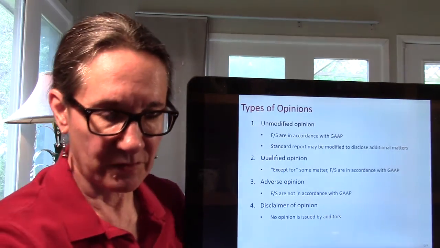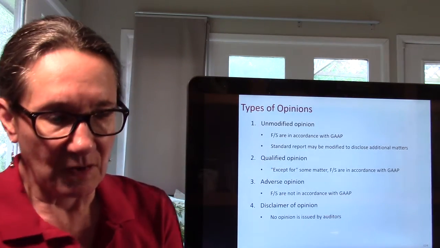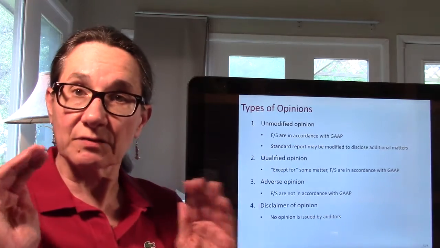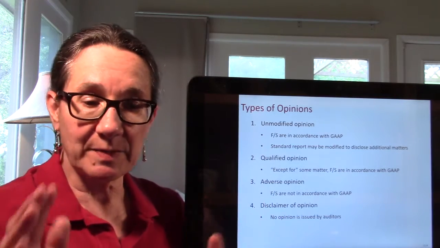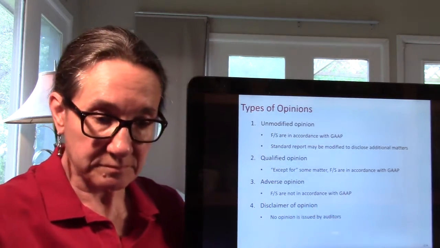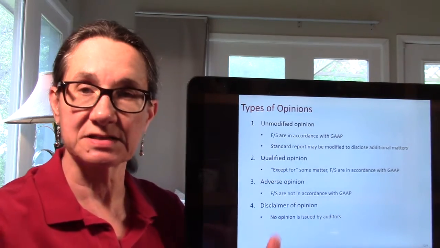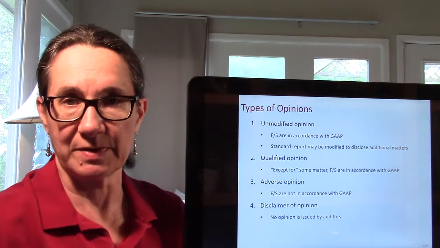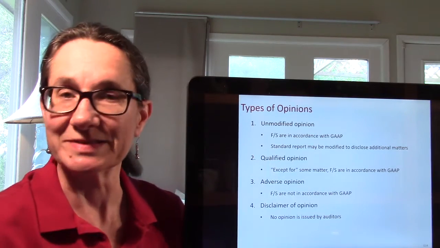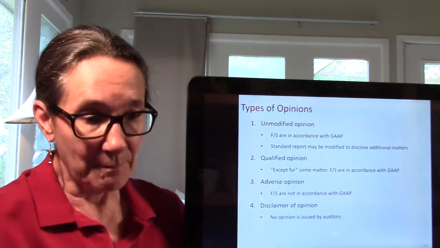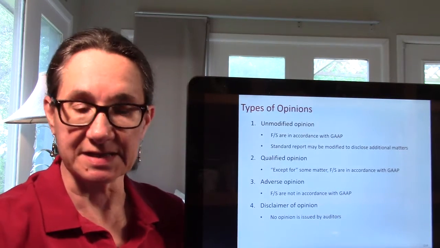All right, so that's a report. If there's an unmodified opinion, that's it. You've said these financial statements are fairly presented in all material respects according to GAAP. Unmodified opinion. Everything's go on about your business, right? But there are some other things that could happen.